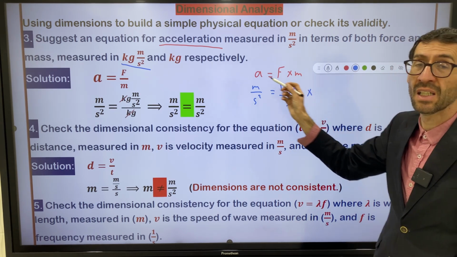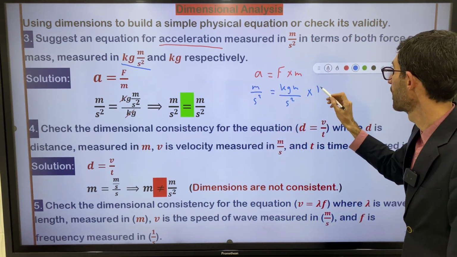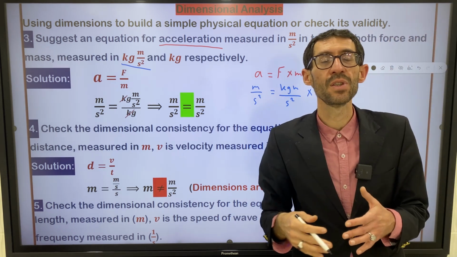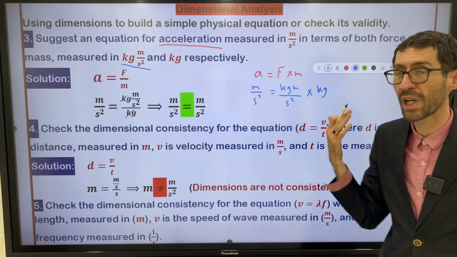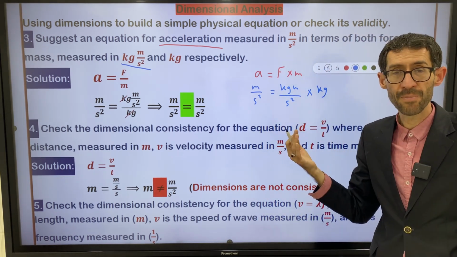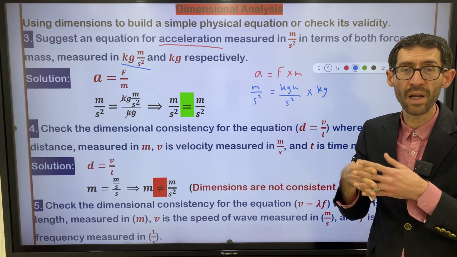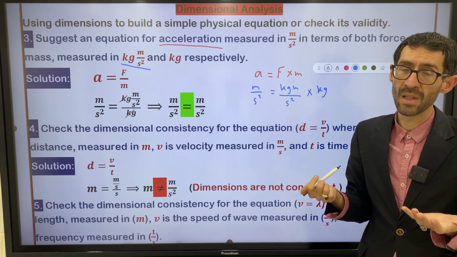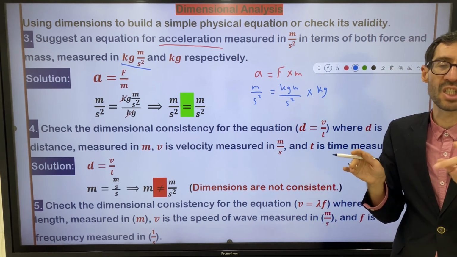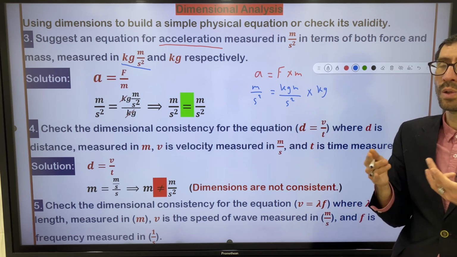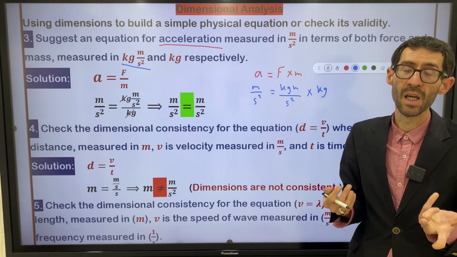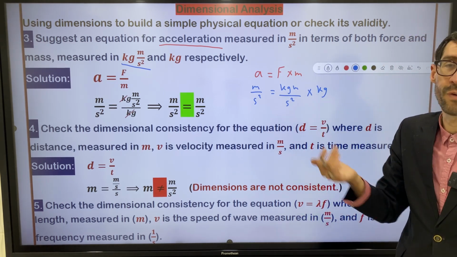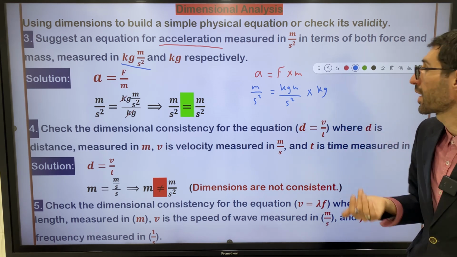Mass is measured in kilogram, right? After calculation, if the left part and right part are equal, if they balance one another, your suggestion, your equation, is right. But if they don't match, the equation is not valid. You have to think about another equation. You have to look for another trial.